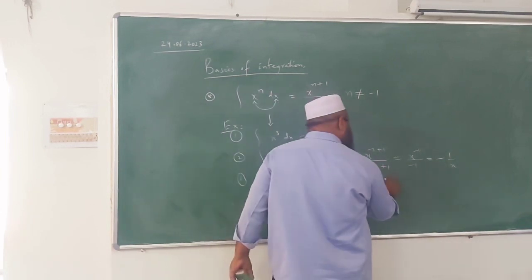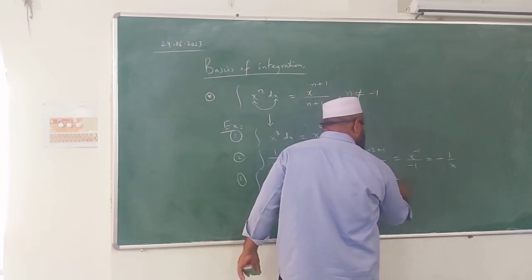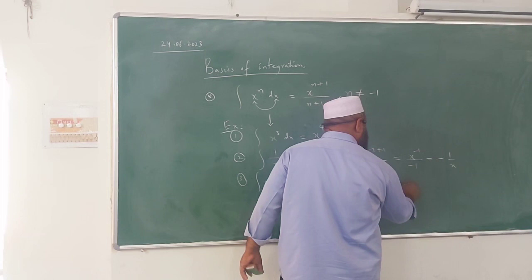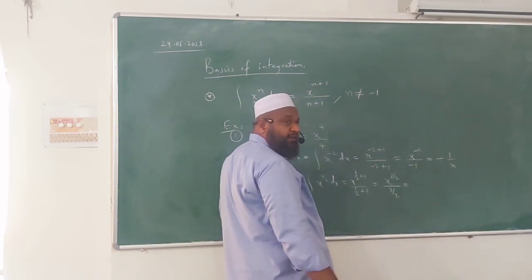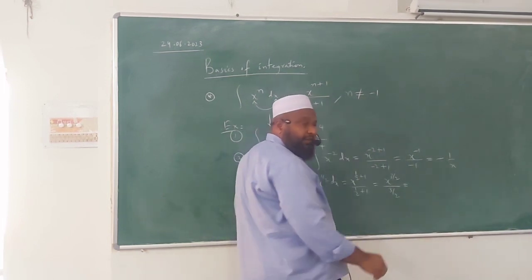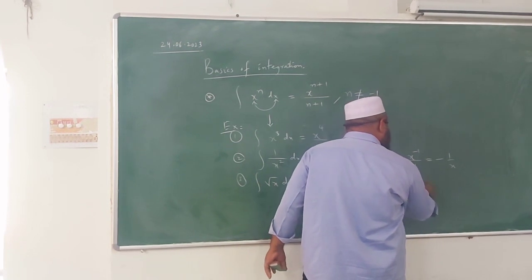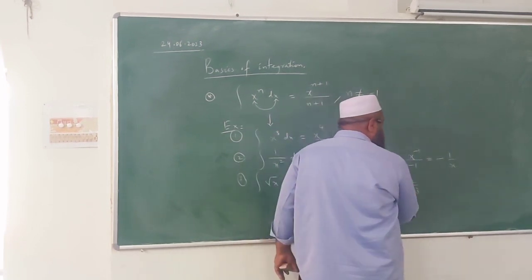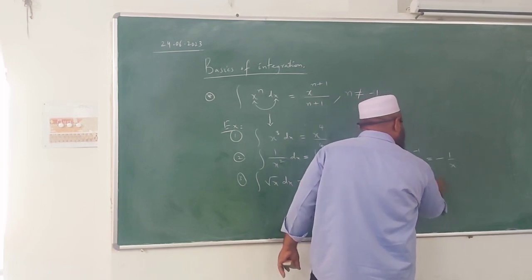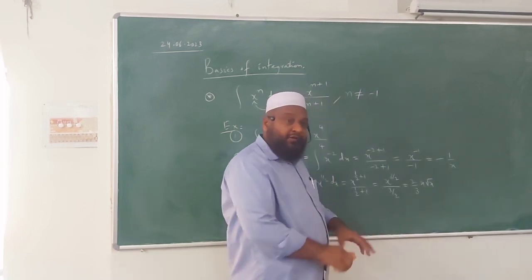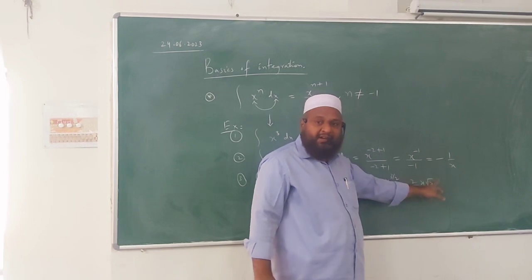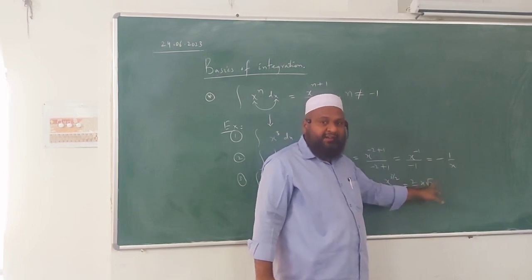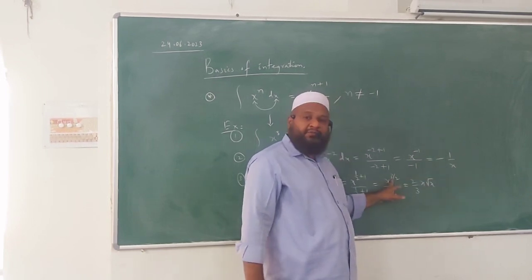So that becomes x to the power of 3 by 2 by 3 by 2. This 3 by 2 comes to the numerator as 2 by 3. So it is 2 by 3 and x to the power of 3 by 2. x to the power of 3 by 2 is nothing but x root x, because x power 1 and x power half, 1 and a half, is nothing but 3 by 2.